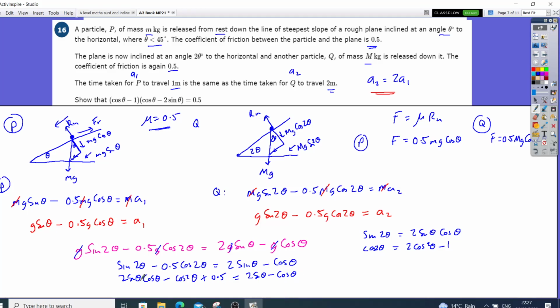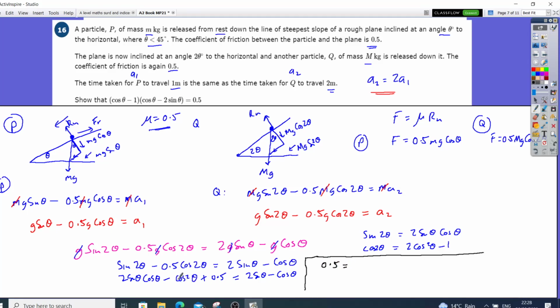Okay, so if I now bring everything to one side and leave the 0.5 there, I'm going to make a box here so I don't confuse people. So I'm going to leave that there and bring that to the other side. So I've got 0.5 on the left hand side.